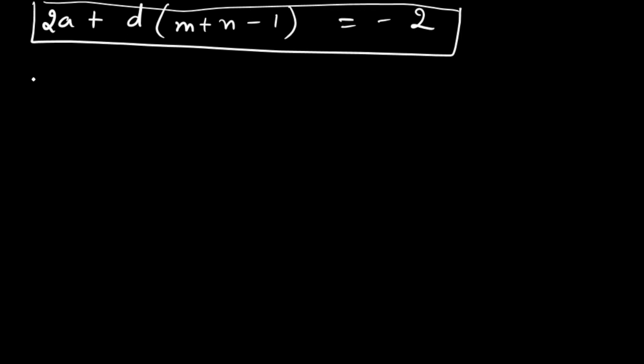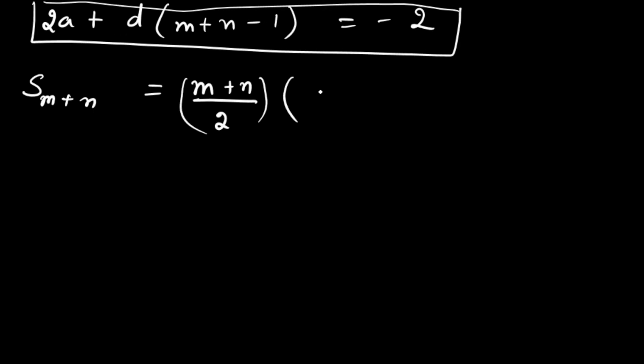Now I'll use the formula of S m plus n, sum of m plus n. Its formula will be m plus n by 2 into 2a plus m plus n minus 1 into d.